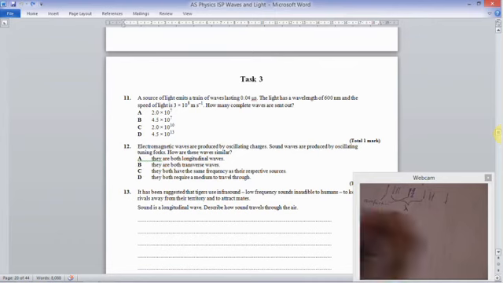Okay, so speed is equal to distance over time. Distance is therefore speed times time. So we've got 3 times 10 to the 8 times 0.04 times 10 to the minus 6.